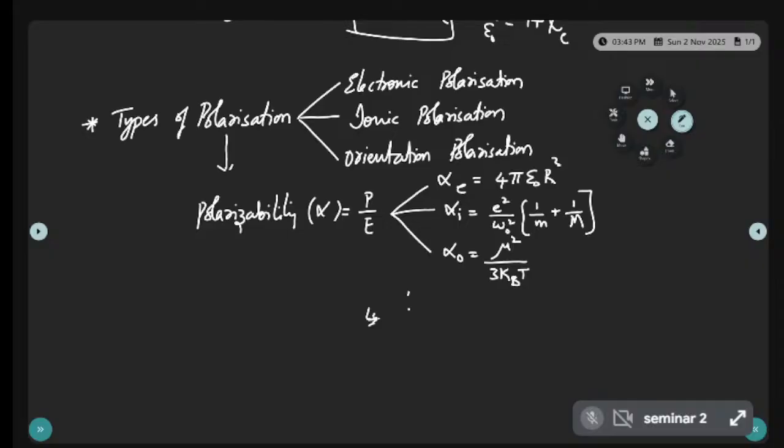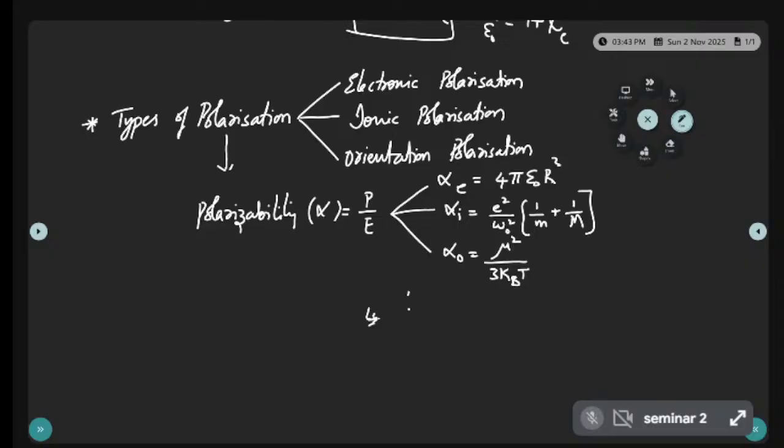But in some substances, even though there is no external field, dipoles will be present. They are randomly aligned. Such bodies, when exposed to an external field, change from random orientation to regular orientation, and they get polarizability.